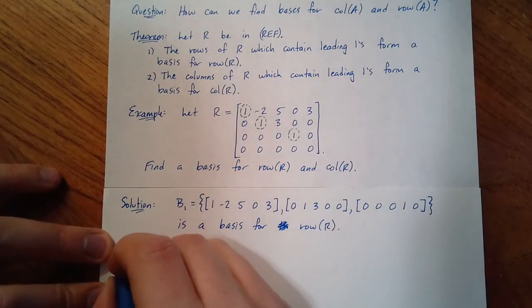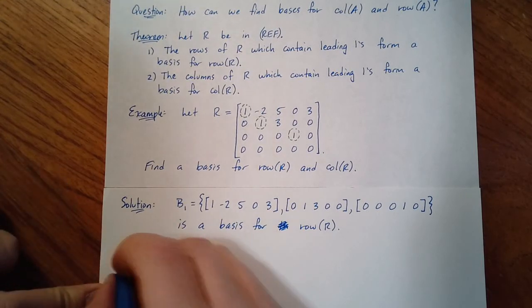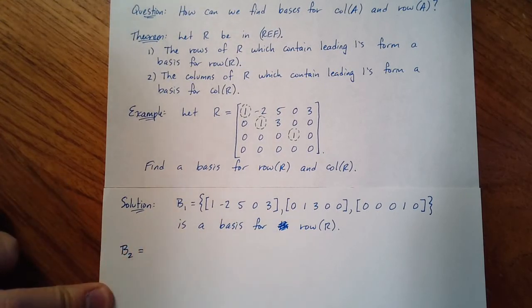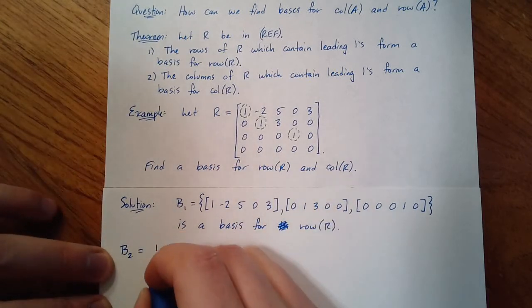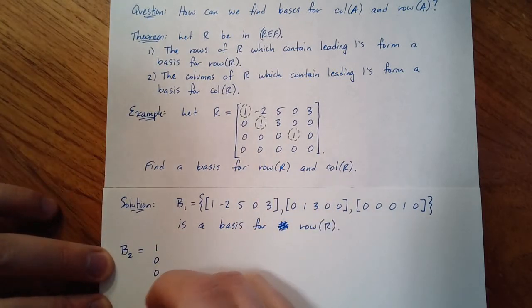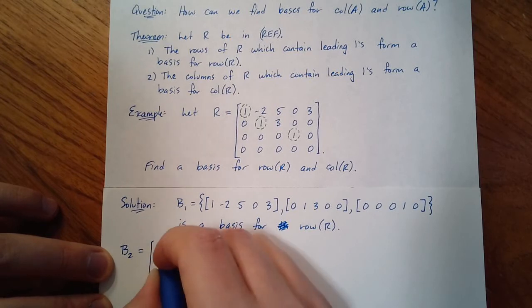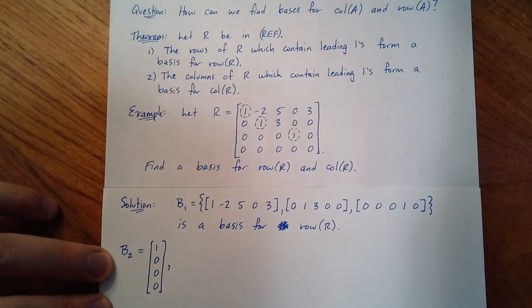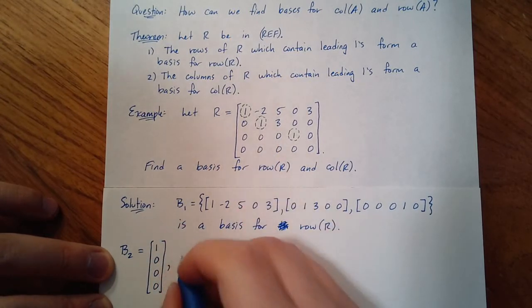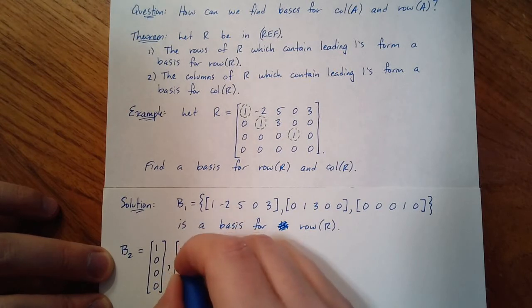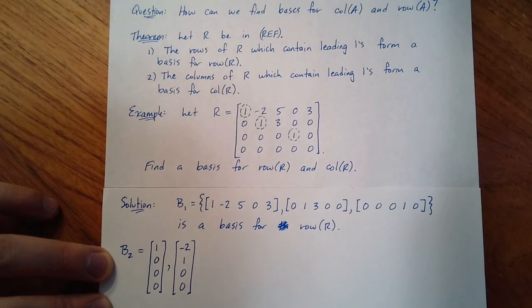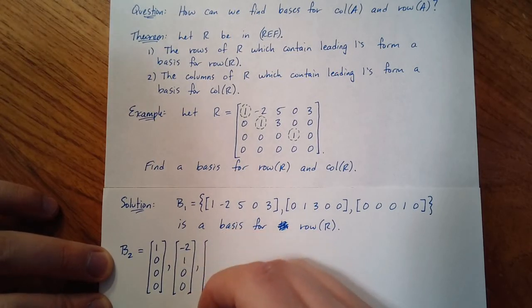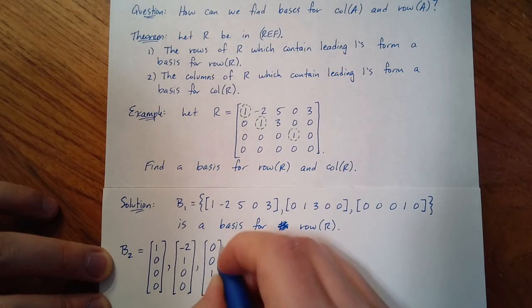Okay, for the column space, let's call this B2. So we're just going to take the columns that have leading ones. So the first one is the first column, 1, 0, 0, 0. Then the second column, which also has a leading one, will have negative 2, 1, 0, 0, and then 0, 0, 1, 0.